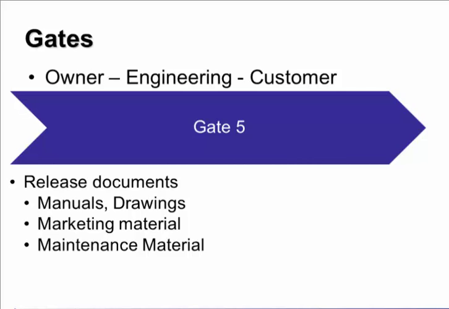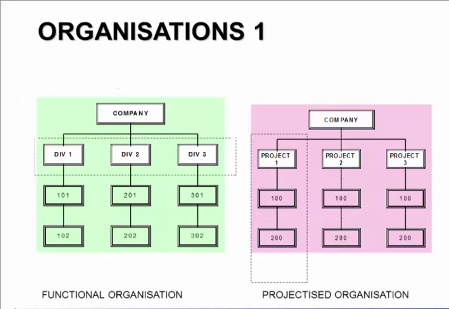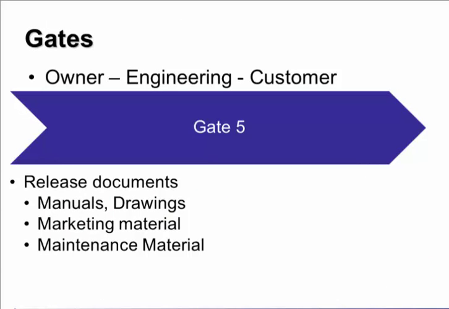Okay, so that's the part, and this is getting very close to the end of the project and the beginning of the actual operation. Then once we've gone through this gate, the ownership reverts to the customer, and the customer then takes full operational procedures over it.